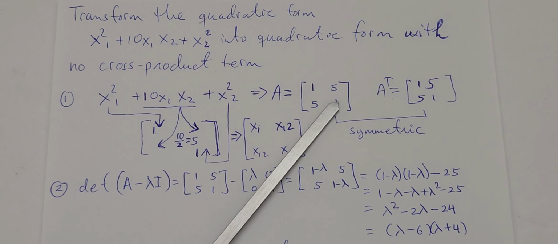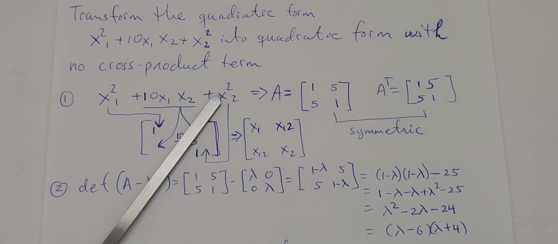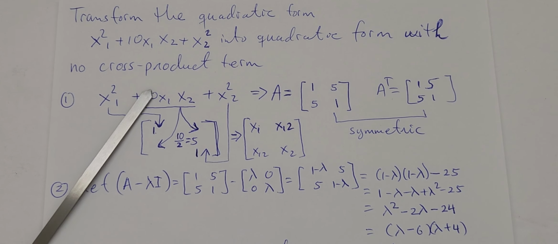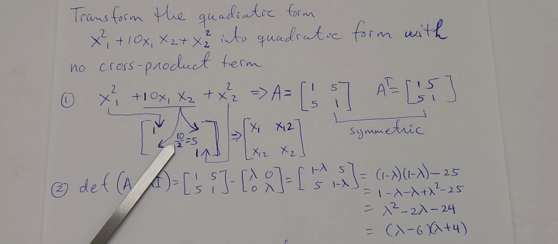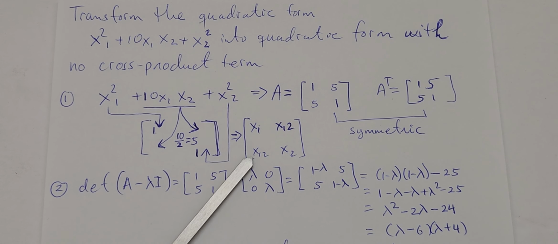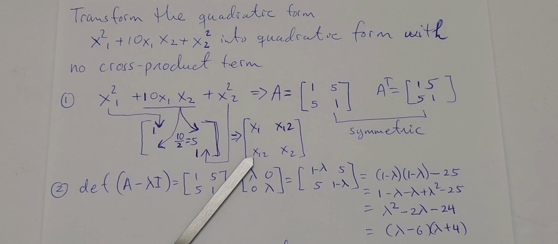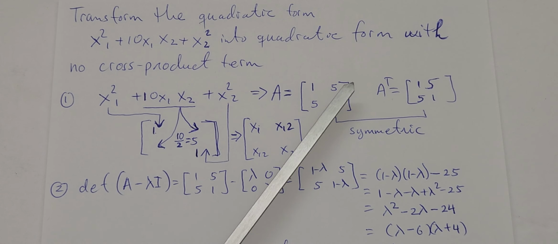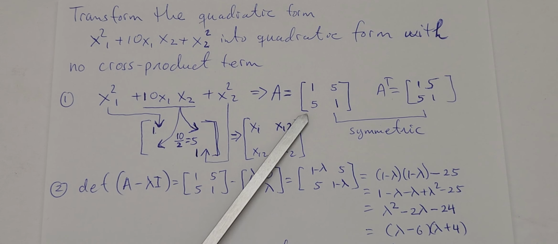There's another 1 here because this is a 1. Where did the 5 come from? Divide 10 by 2. Why 2? Because I have one spot and another spot which have the same label. So that's why I divide by 2. So 10 divided by 2 gives me 5. So that's where I got the 5 here and the 5 here.